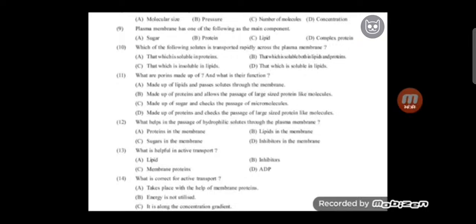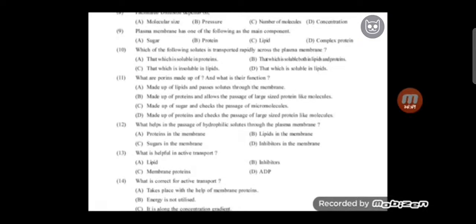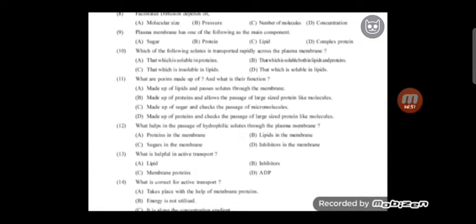Option A, proteins in the membrane. Option B, lipids in the membrane. Option C, sugars in the membrane. Option D, inhibitors in the membrane.